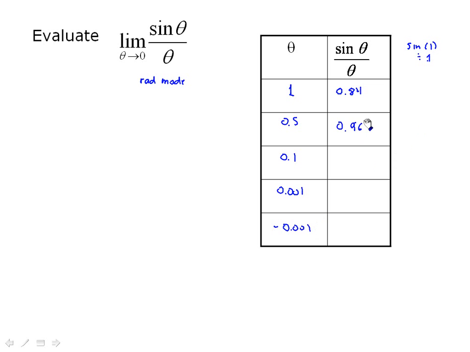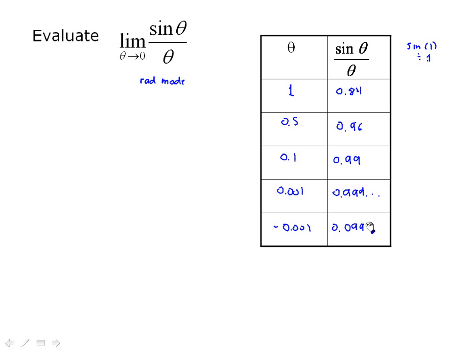Then sine 0.1 divided by 0.1 is 0.99, and then sine 0.001 divided by 0.001 is 0.99999. Many nines. Try the negative. Sine negative 0.001 divided by negative 0.001. And we're getting the same thing, strangely.